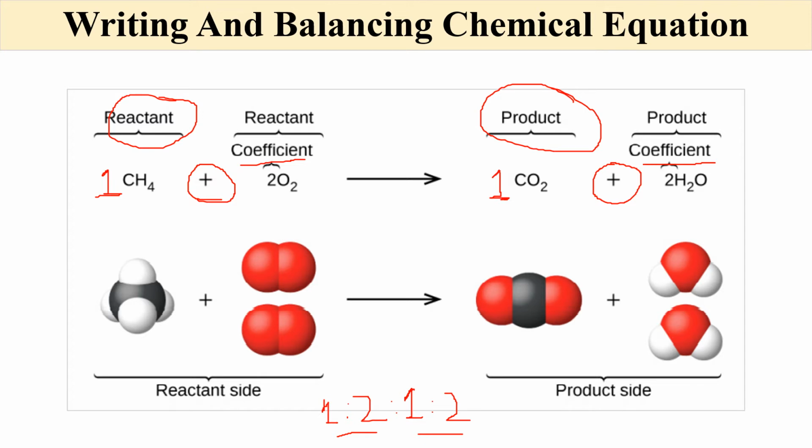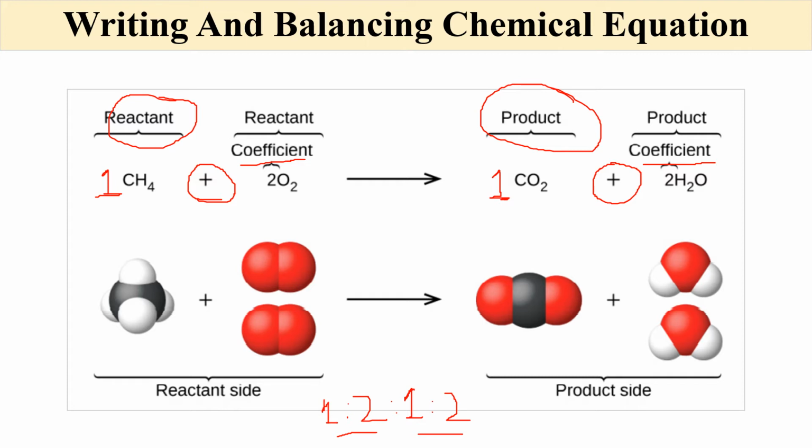We can say this in another way. One methane molecule and two oxygen molecules react to yield one carbon dioxide molecule and two water molecules. I am saying the same thing, that the ratio is 1 is to 2 is to 1 is to 2, but in another way.